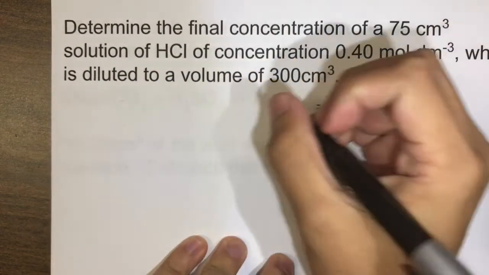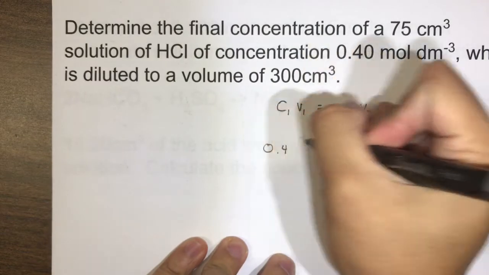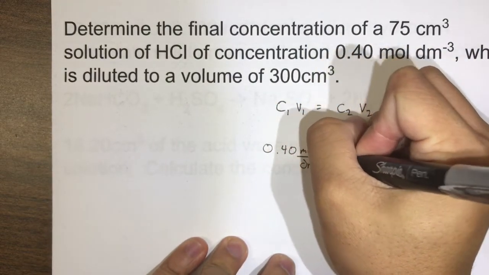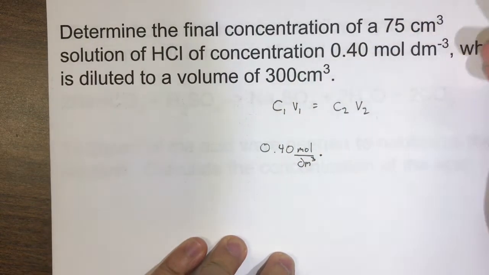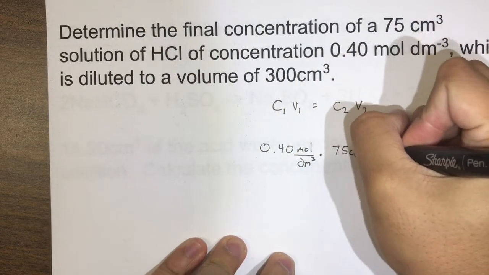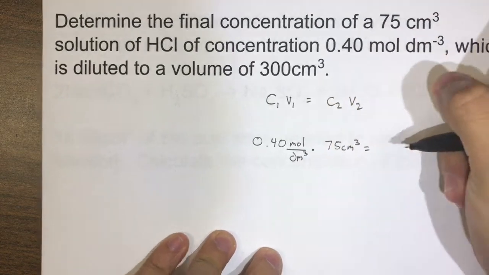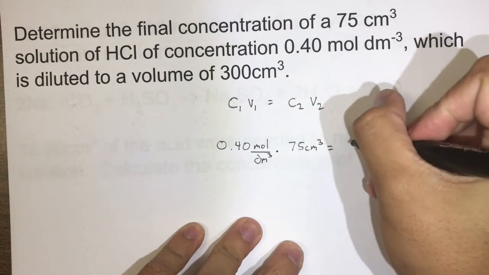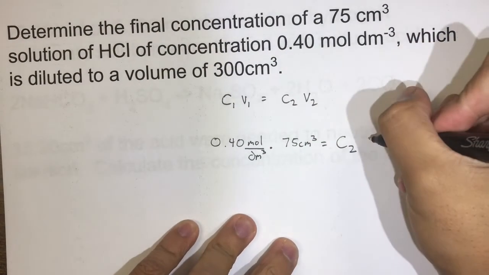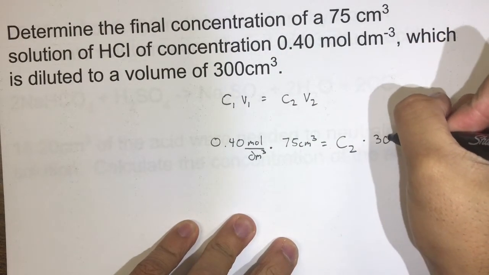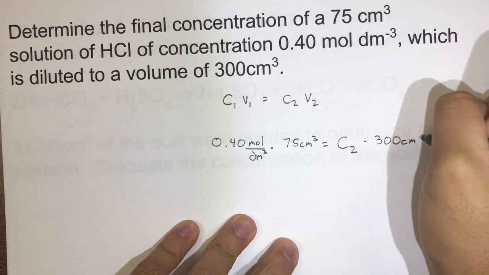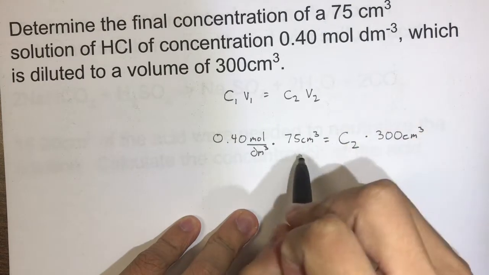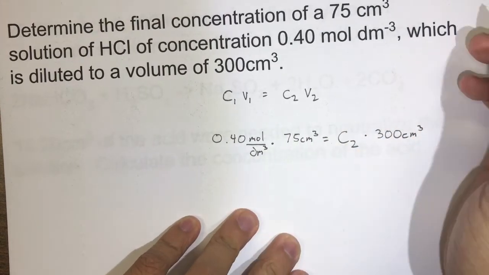So our initial concentration was 0.40 moles per decimeter cubed, and our initial volume was 75 centimeters cubed. This is equal to the final concentration, which we're looking for, at a volume of 300 centimeters cubed. So we just added some water to this, and we want to see what our new concentration is.